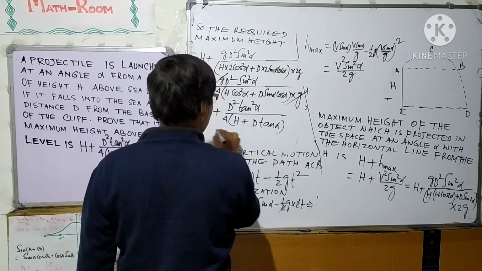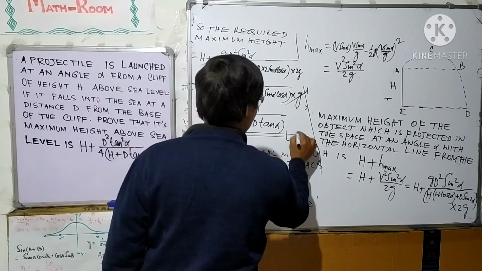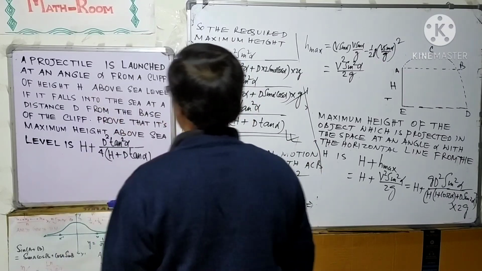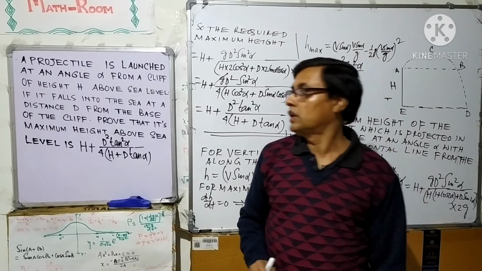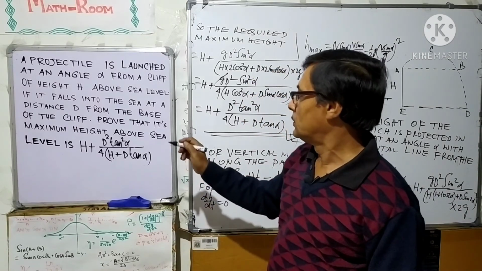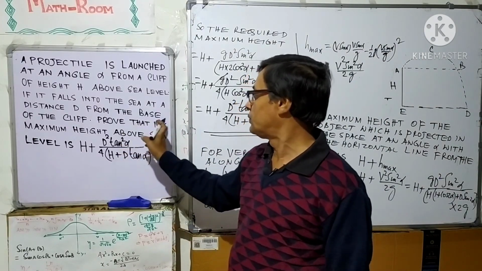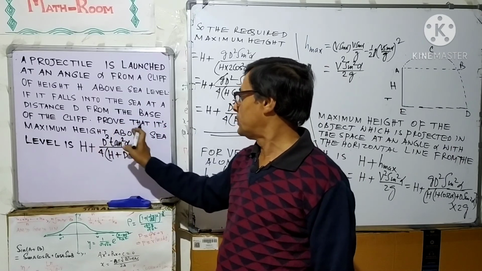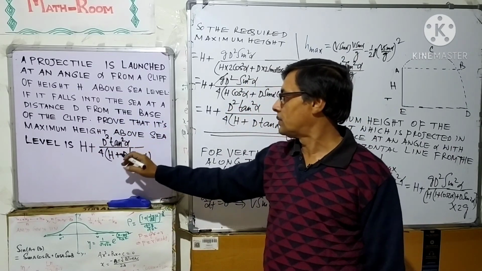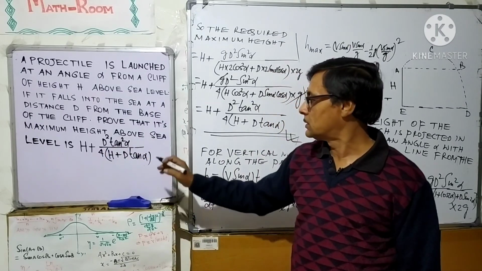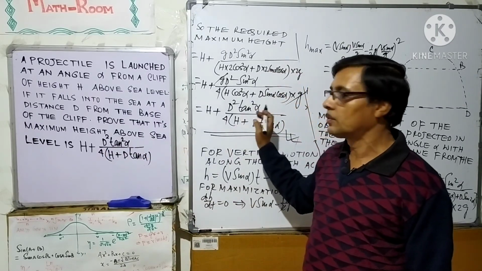This is the maximum height of the projectile from the sea level. We have to prove that the maximum height above the sea level is h plus d square tan square alpha over 4 into h plus d tan alpha. We have proved this.